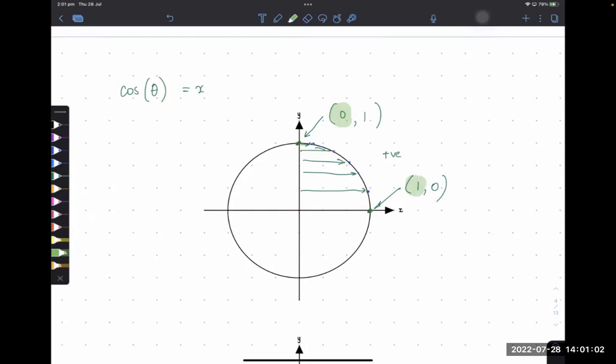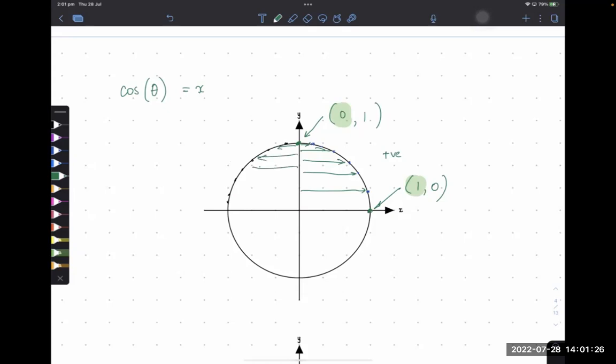As soon as we step over into this quadrant, if my points are along here, what would the values be, positive or negative? Negative, thank you.